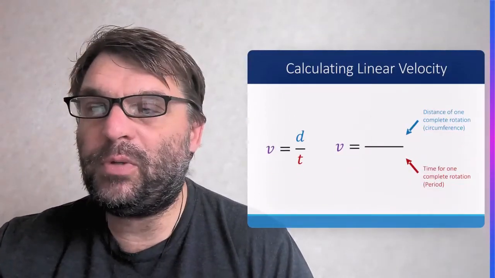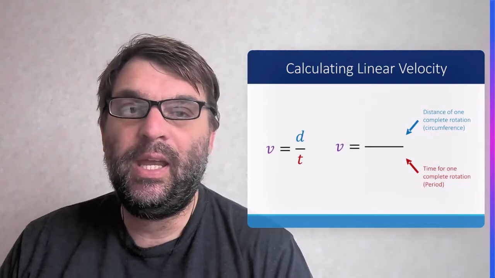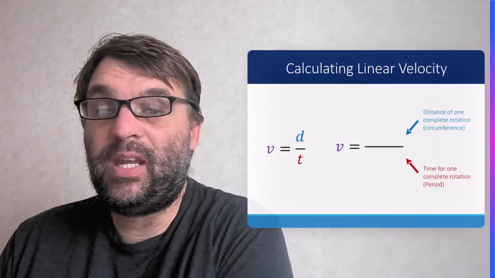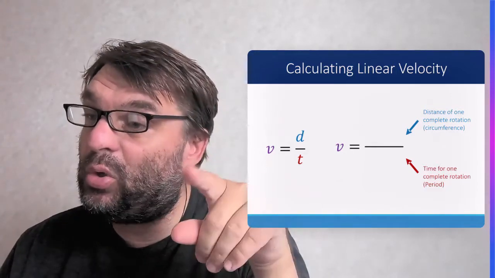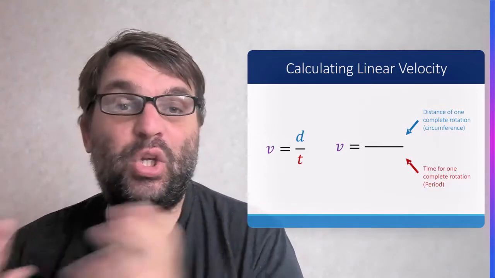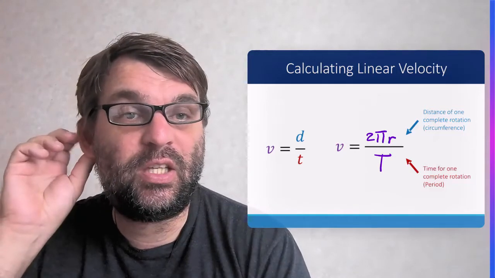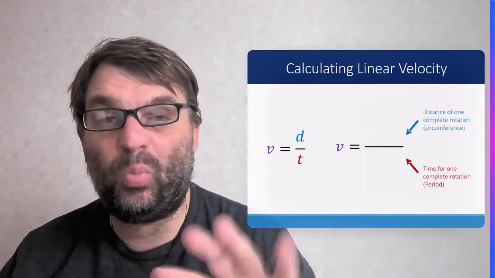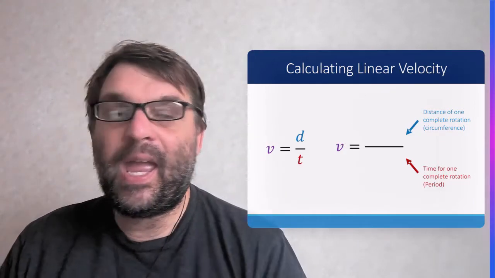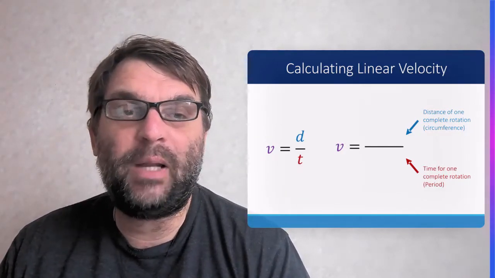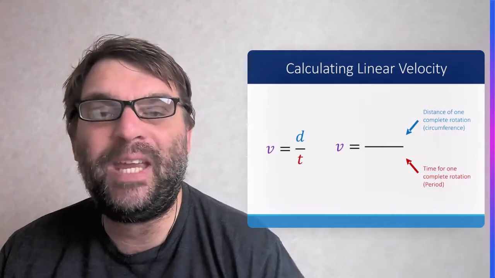In calculating linear velocity, you'd have velocity equals distance over time if it was a straight line. Obviously, we're going around a circle, so the velocity will be 2 pi r, the distance of one complete rotation, which is the circumference, over the time for one complete rotation, the capital T, the period.